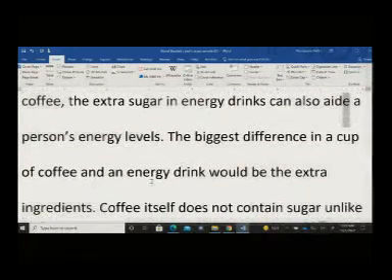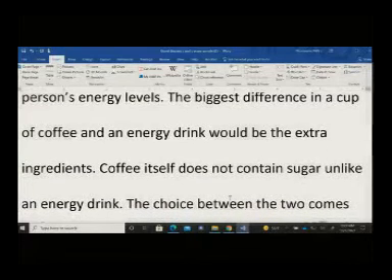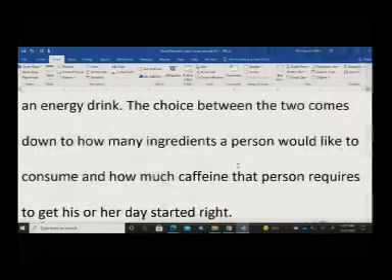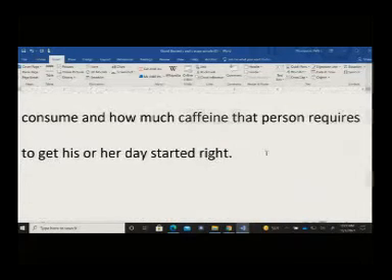The biggest difference in a cup of coffee and an energy drink would be the extra ingredients. Coffee itself does not contain sugar, unlike an energy drink. You only have sugar in coffee if you put it in there. The choice between the two comes down to how many ingredients a person would like to consume and how much caffeine that person requires to get his or her day started right. I like the conclusion because it restates that thesis, but you actually get an extra layer of analysis with comparison between what you got in one and the other when you're talking about each specific criteria.